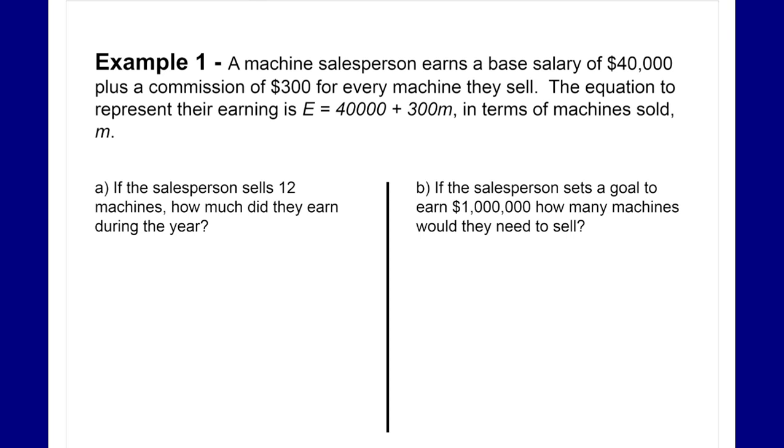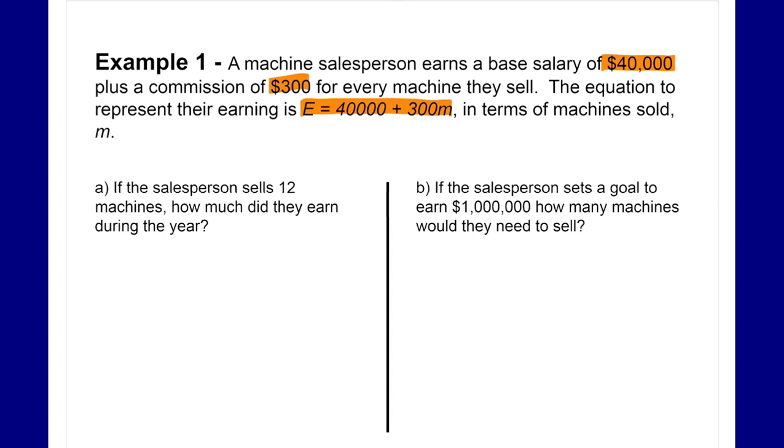So we're going to go through and highlight some important things. I'm going to highlight the numbers first: a base salary of 40,000, commission of $300. We have an equation. Those are all of our numbers. Any alert words? Not really any alert words.